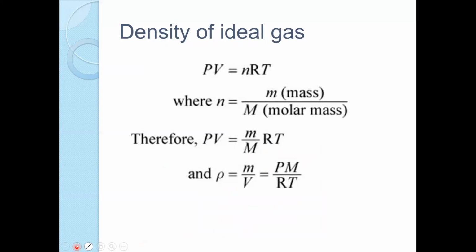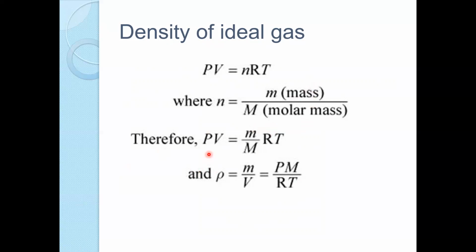The relationship between the density of ideal gases. PV equals nRT, the equation of the ideal gas, and we know that the number of moles equals the mass divided by the molar mass.